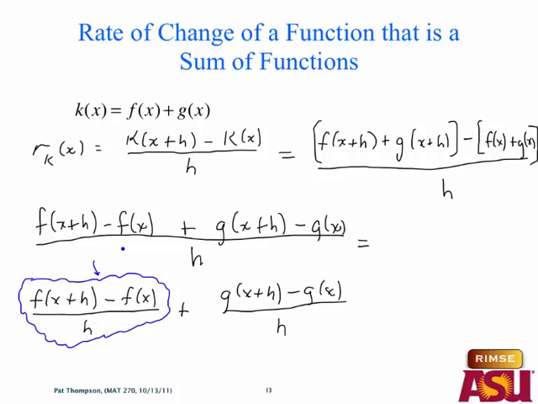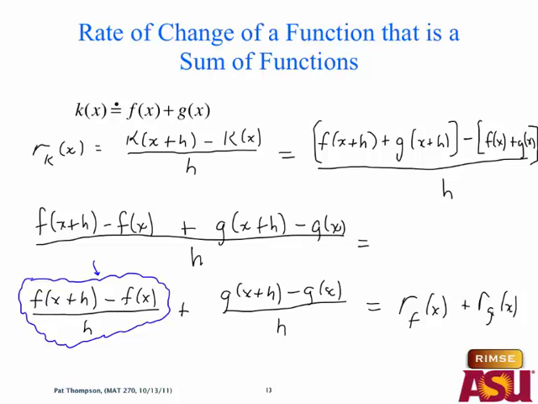It's the rate of change of f with respect to x. That's the definition of the rate of change of f with respect to x. And this one over here? Rate of change of g. So what is it? It's the rate of f plus the rate of g. So what do we find?